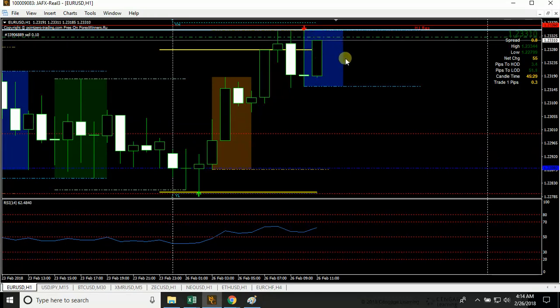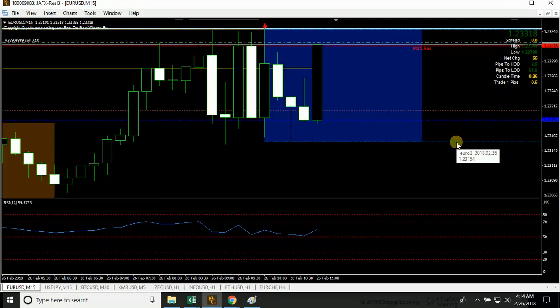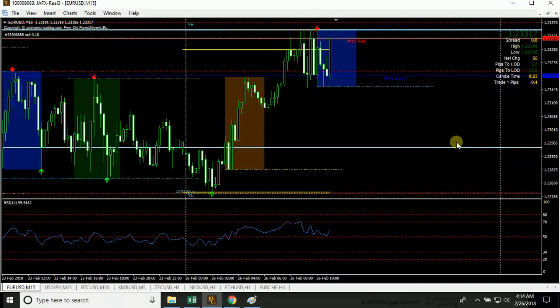But looking at this hour, what we can do to figure out where we're going from there is look in here. Now it looks like that 15-minute candle possibly will. You see these big 15-minute candles in here. That indicates that this in here could be the stop point.